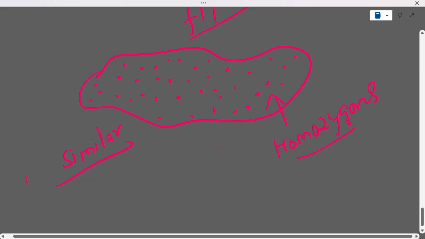They are dissimilar, and because of this property, variations are there.